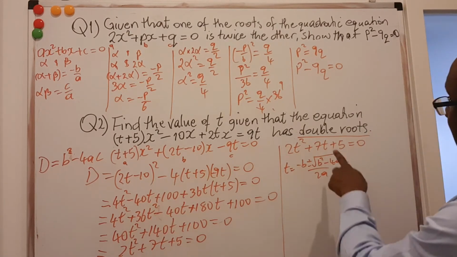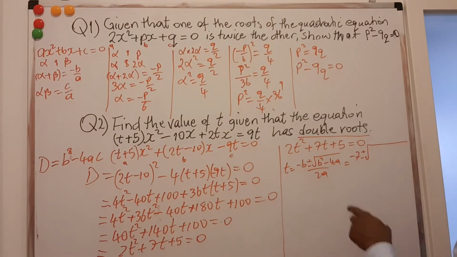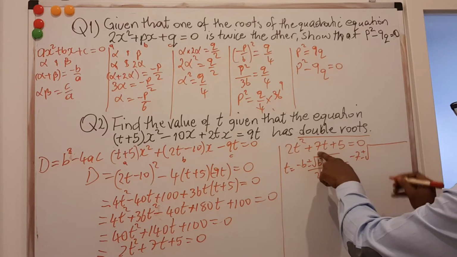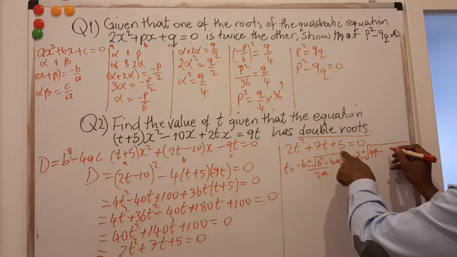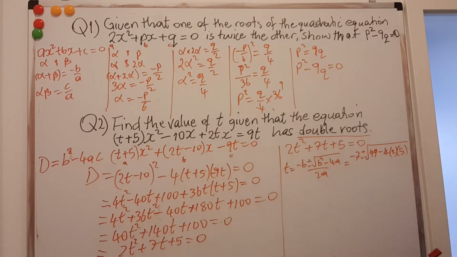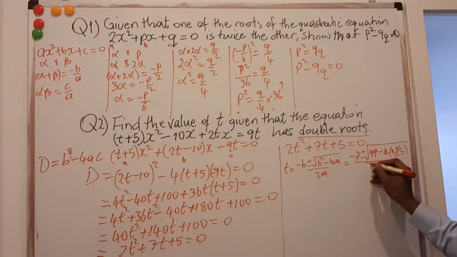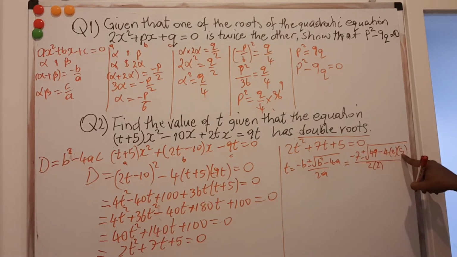This is actually equal to minus b, that's minus 7, plus or minus the square root of b squared, that is 7 squared, that's 49, minus 4 times a times c, divided by 2 times a. So 4 times 2 is 8, 8 times 5 is 40.